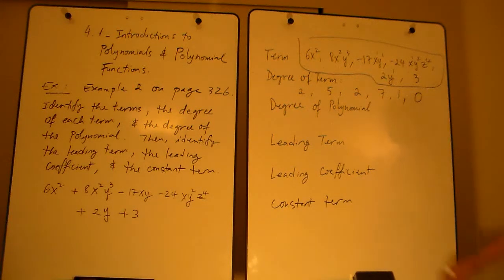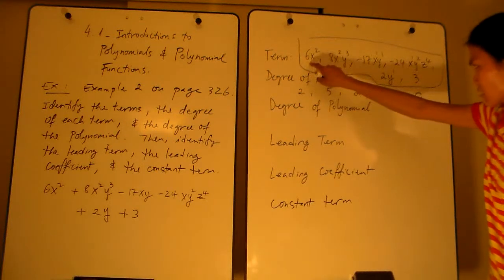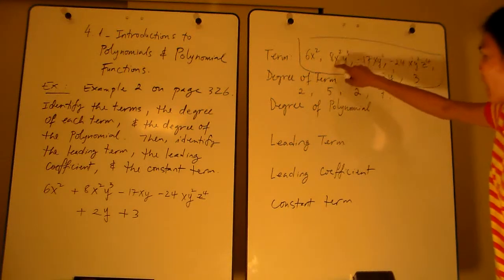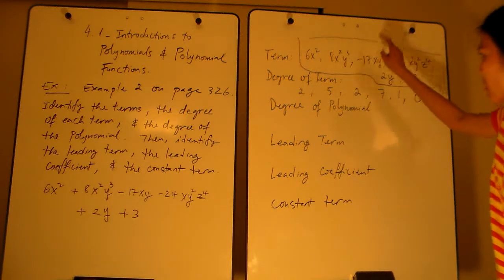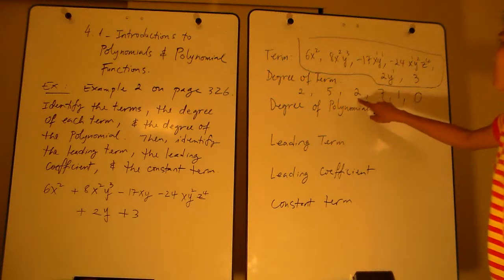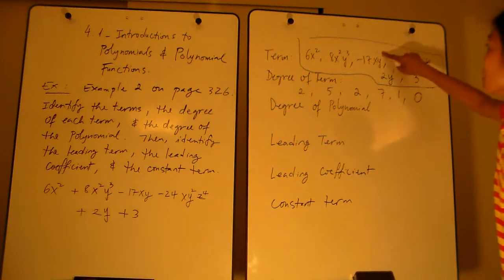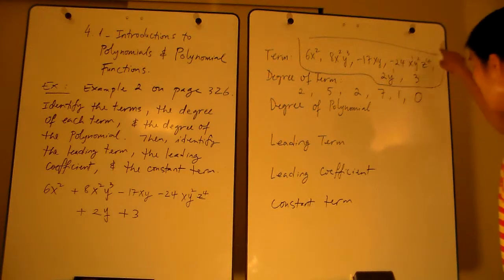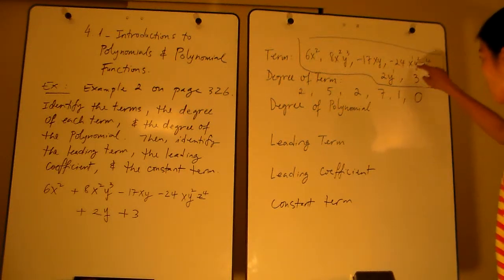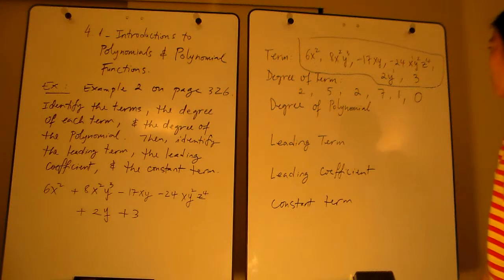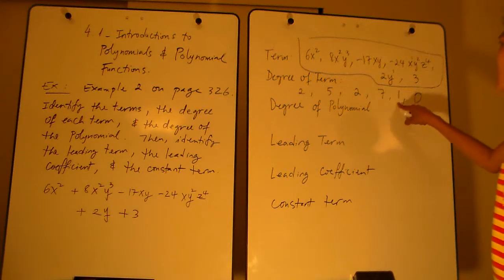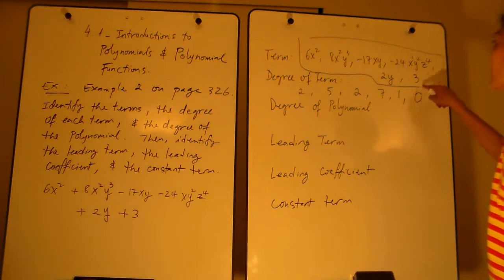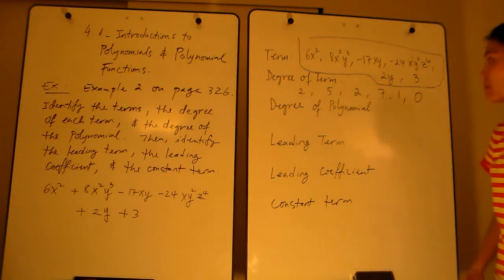So 2 is the degree of 6x squared. 5 is the degree of the term ax squared times y to the third power. 2 is the degree of negative 17xy. 7 is the degree of negative 24 times xy squared times z to the fourth. 1 is the degree of 2y. 0 is the degree of the constant term 3.